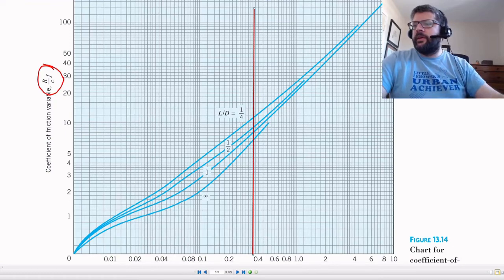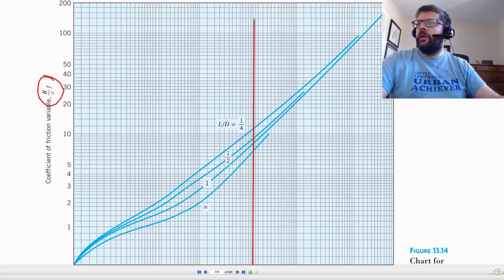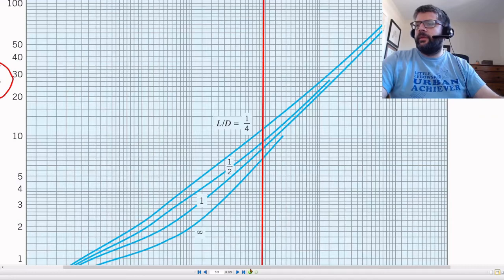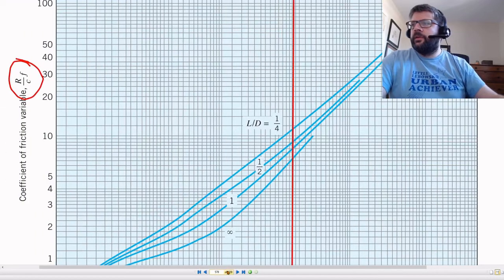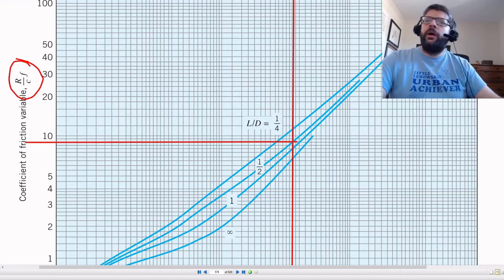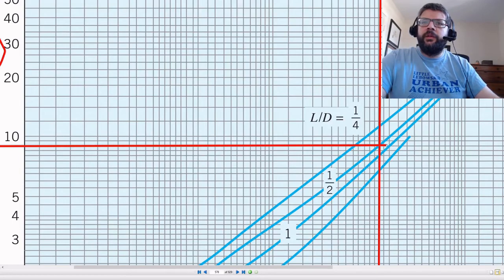Got this line right here at 0.36, and that intersects with our half load line, or half LVD ratio, right here. Let's make that thing flat, actually. There we go. So that looks to me like we're at 9.